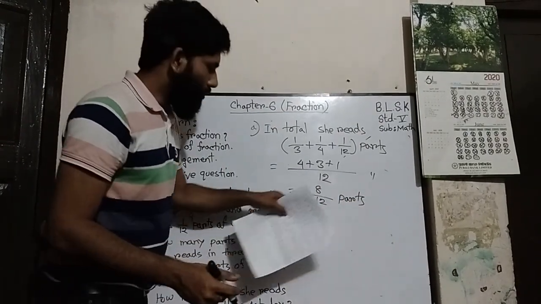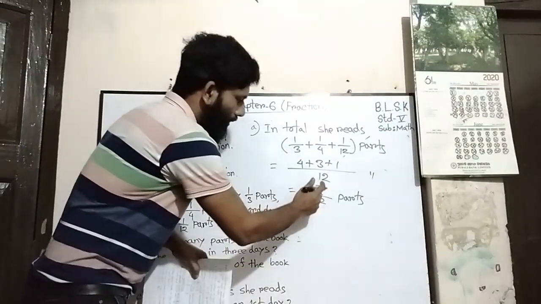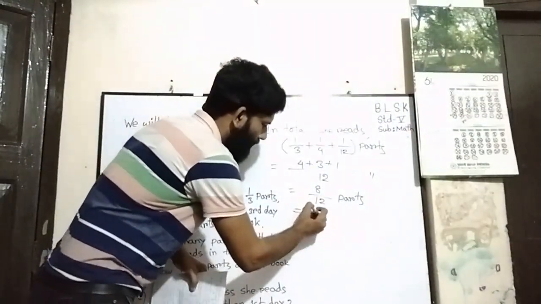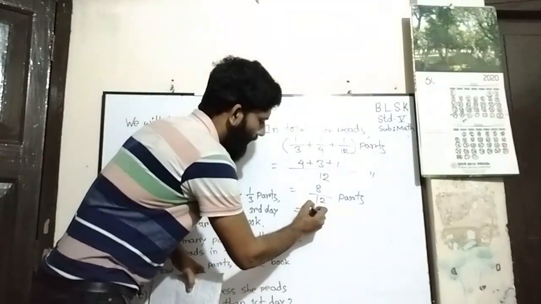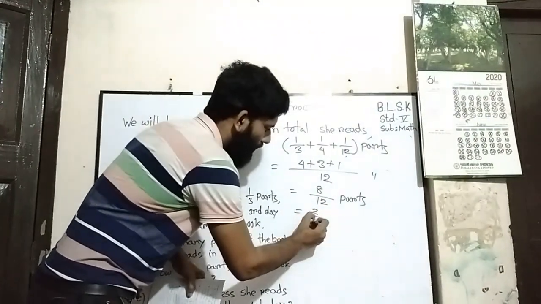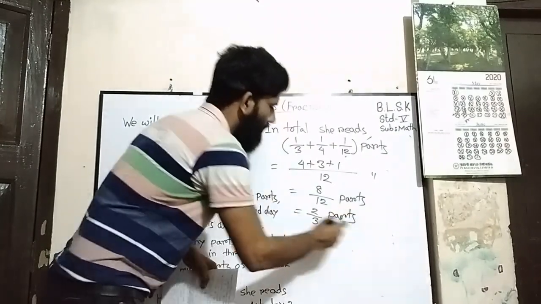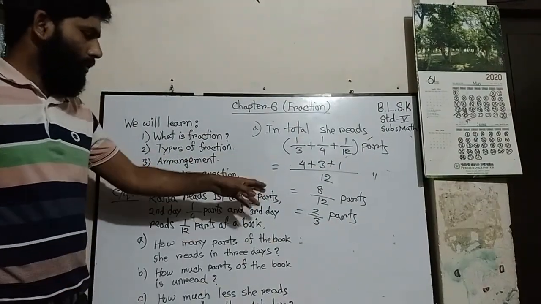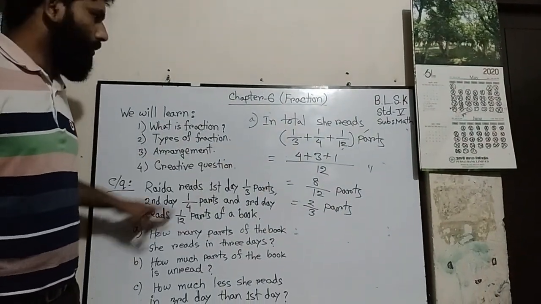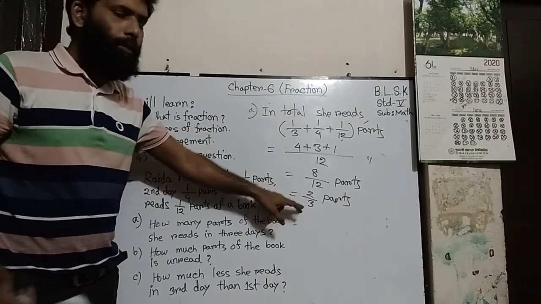We should find the lowest term. So 8 by 12: 4 twos are 8, 4 threes are 12. So 2 by 3 parts. This is the solution of the first one, A. In total she reads 2 by 3 parts.